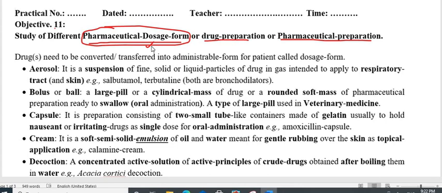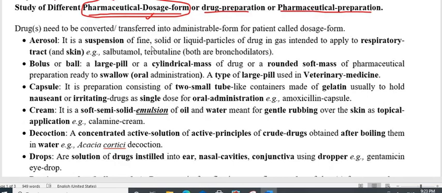Means with the pure drug, chemical, agent, substance, we are making a formulation of the drug in such a way that it should be administrable to the patient is called dosage form, or you can say the administrable form of the drug in a patient is called dosage form. So this is very, very interesting.